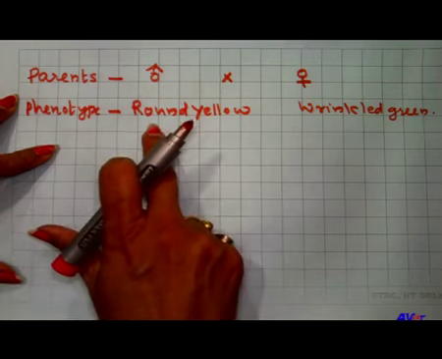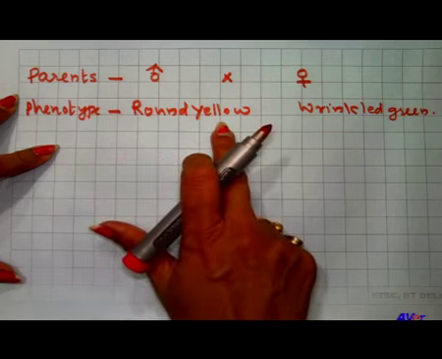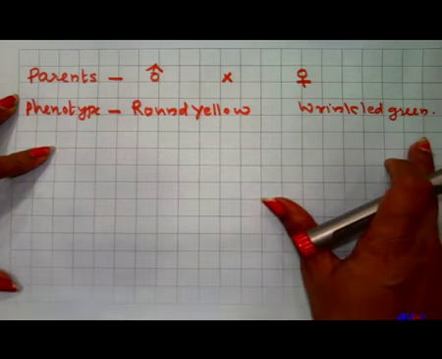Round is dominant over wrinkled, yellow is dominant over green.